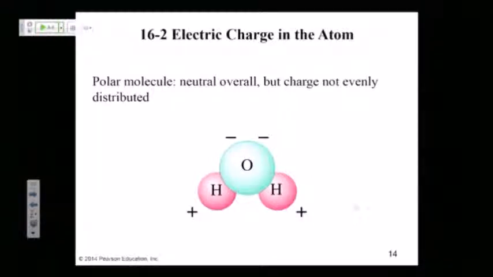And in addition to the 10 protons, there are 10 electrons: 8 rotating around the nucleus of oxygen, 1 rotating about the center of this hydrogen atom, and another 1 rotating around the center of the second hydrogen atom.